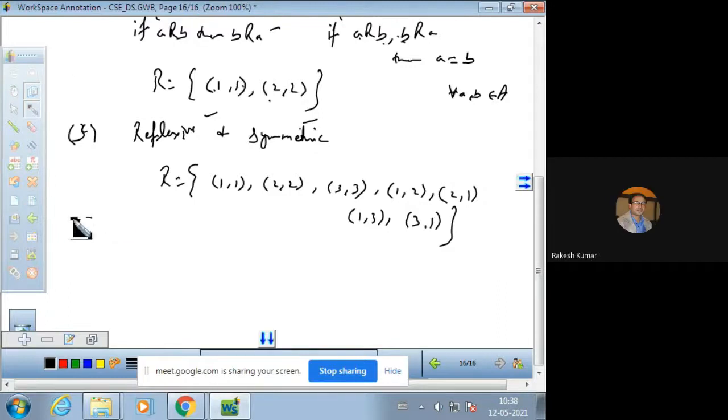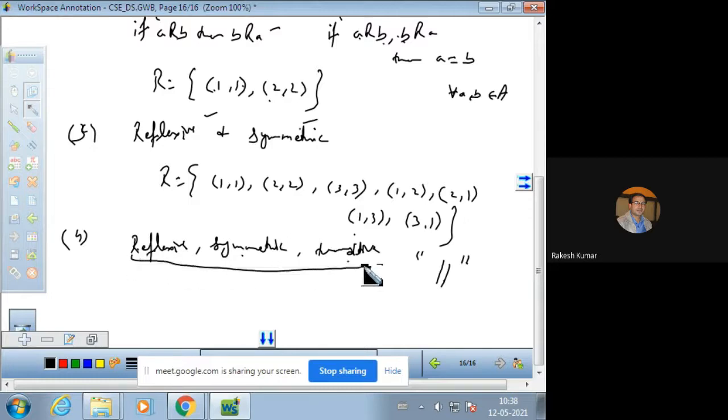Further, we can take the example of a relation which is reflexive, symmetric, and transitive. Now, the set of parallel lines, as we have discussed in the previous class, is always a reflexive, symmetric, and transitive relation. Because the relation which satisfies all three properties becomes an equivalence relation.